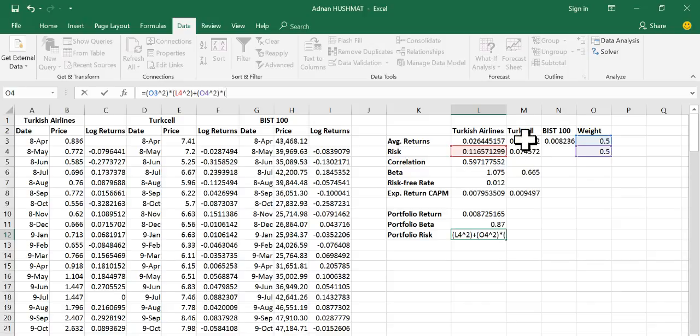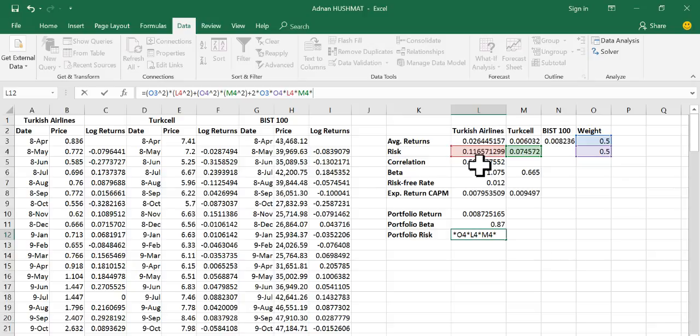Let's open the bracket again, plus 2 multiplied by W1 multiplied by W2 multiplied by sigma 1, which is here, multiplied by sigma 2, Turkcell, which is here, and multiplied by the correlation coefficient.